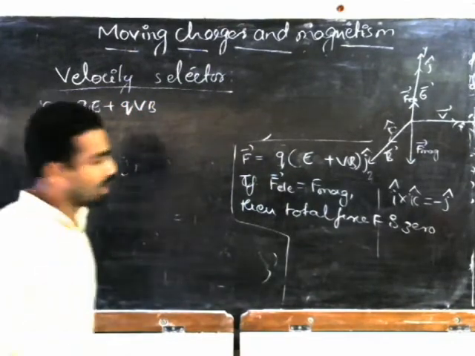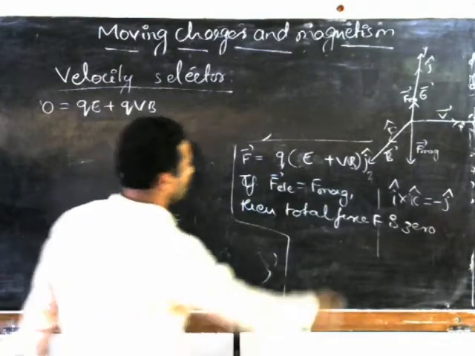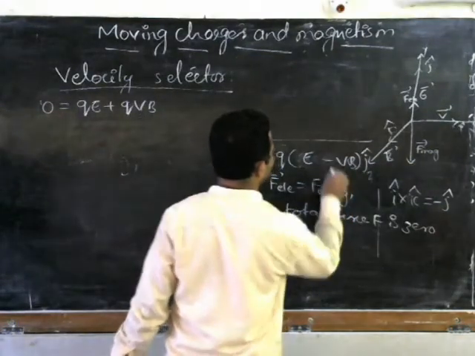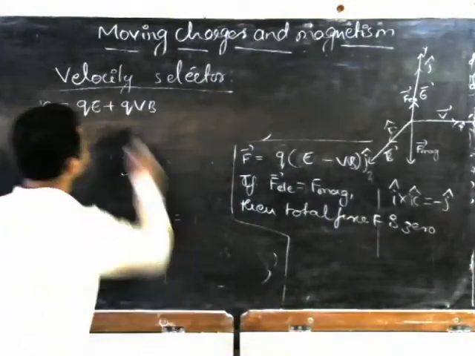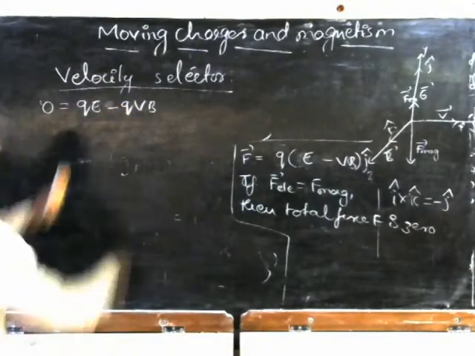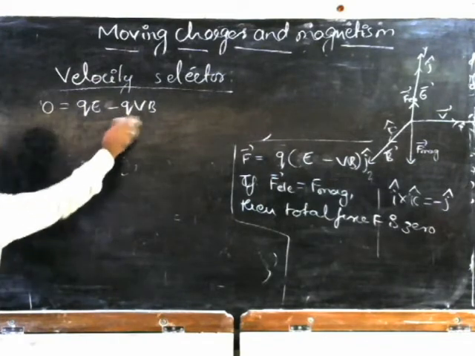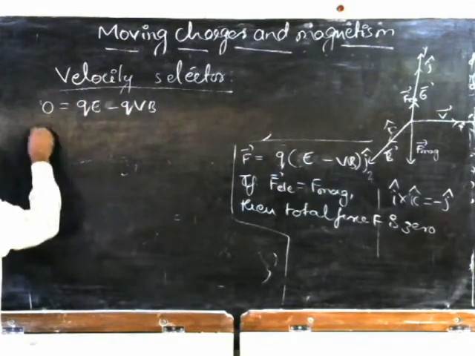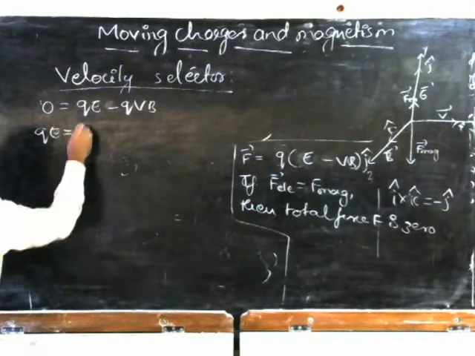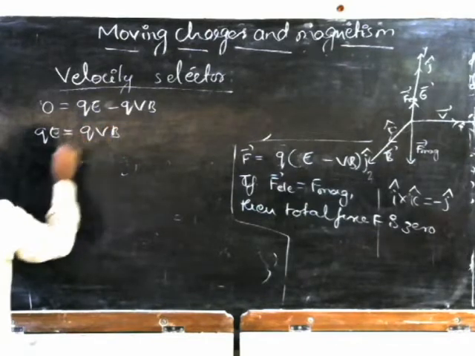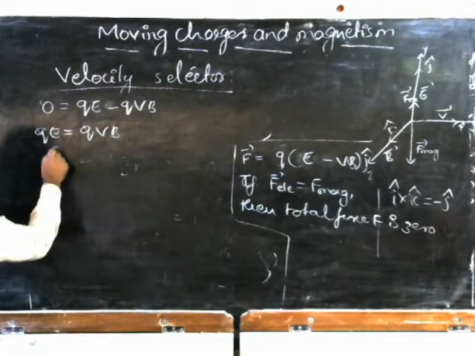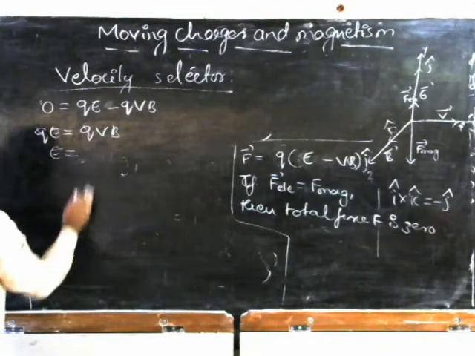Sorry, here actually I should write negative because of the sign of j. So this is minus. Now take the minus qVB here and it will be positive. So that is qE equal to qVB. So q cancels here.